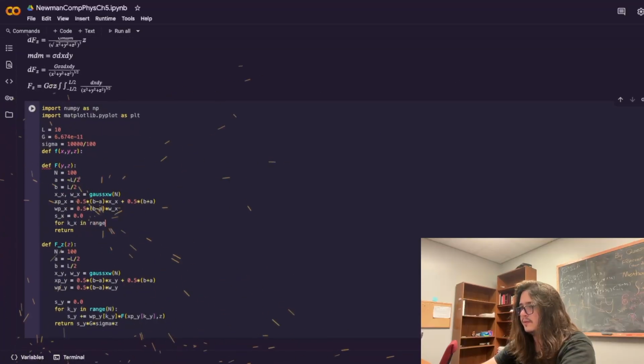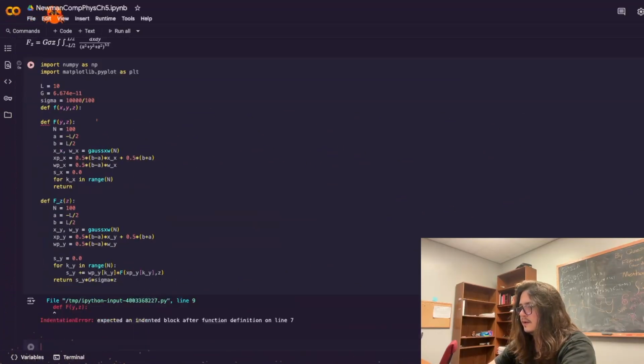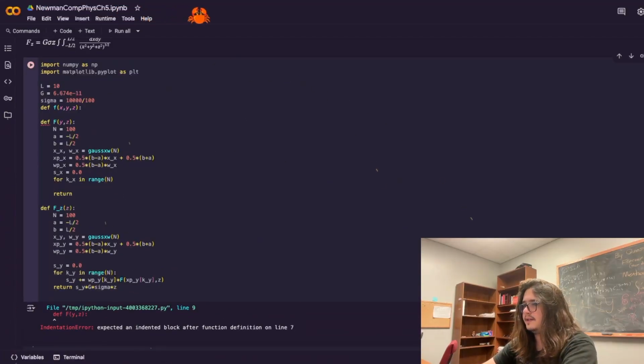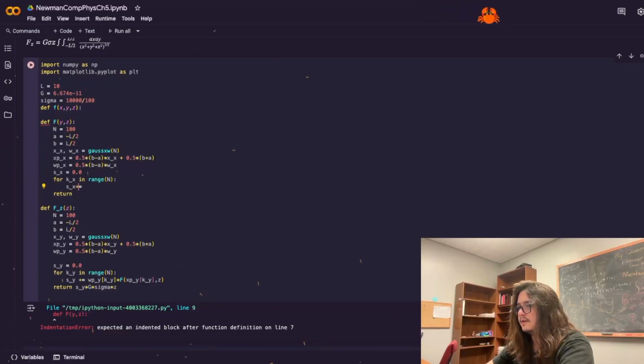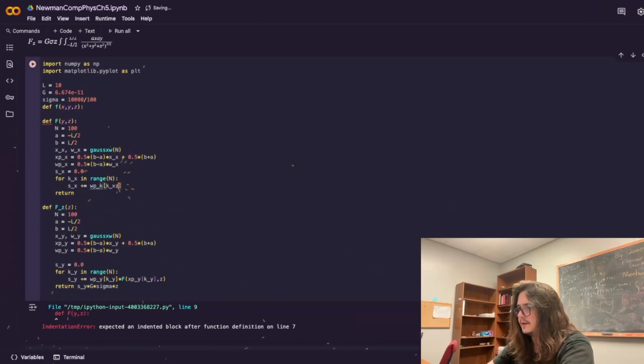And then you do your s sub x equals 0, and you run over your for k sub x in range n. Did not mean to run the code yet. And then in that loop, you sum up s sub x, give it wp sub x index k sub x.